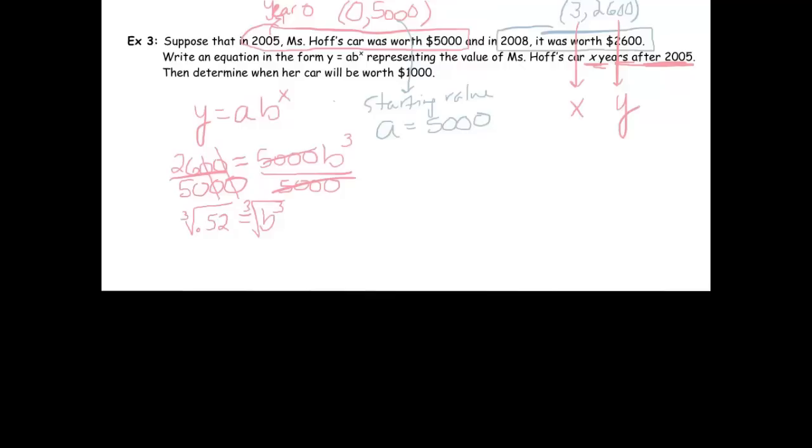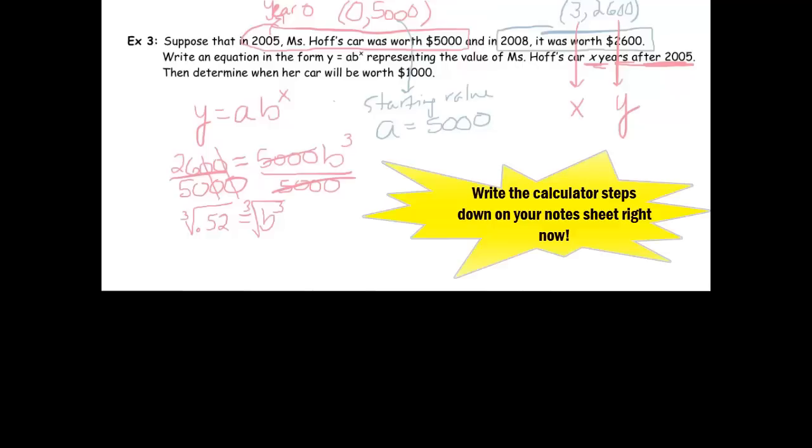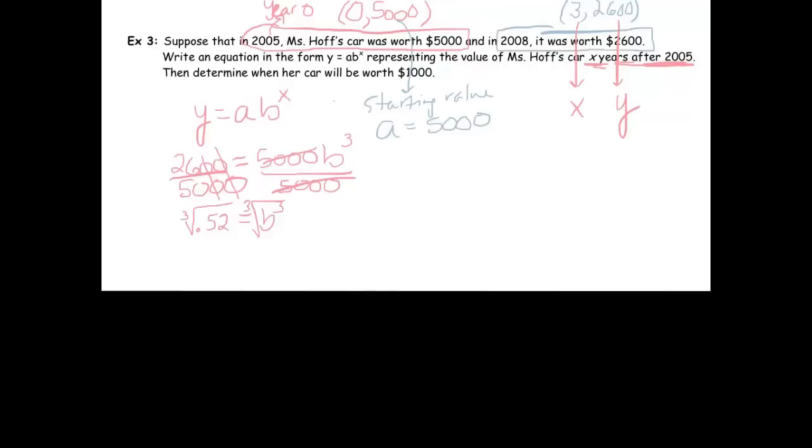So here I go. I'm not going to show you on the calculator. I'm going to tell you, because you should remember how I did this. I type in the number of the type of root that I want. So I'm going to type in my calculator 3. Then I hit the math button, and I pick out that x-th root, number 5. Now my calculator says cube root, and now I'm going to type in the 0.52, enter.